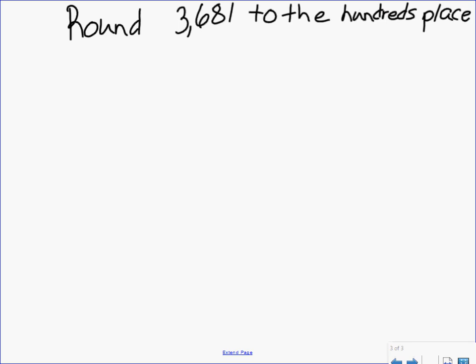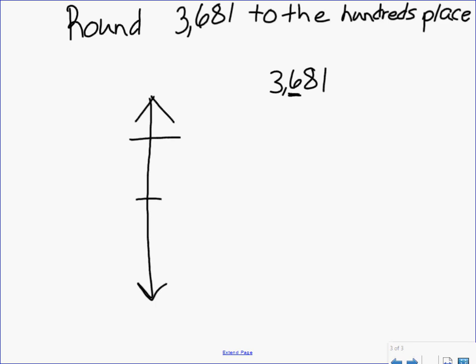So I'm going to start by writing that number out, 3,681. I'm going to underline the hundreds place to remind myself where I'm rounding to, and I'm going to draw my number line. And I'm going to draw my 3 lines here. I've got to make my middle point longer.